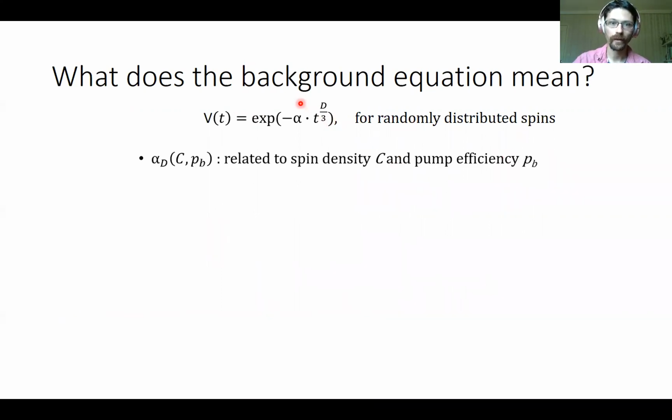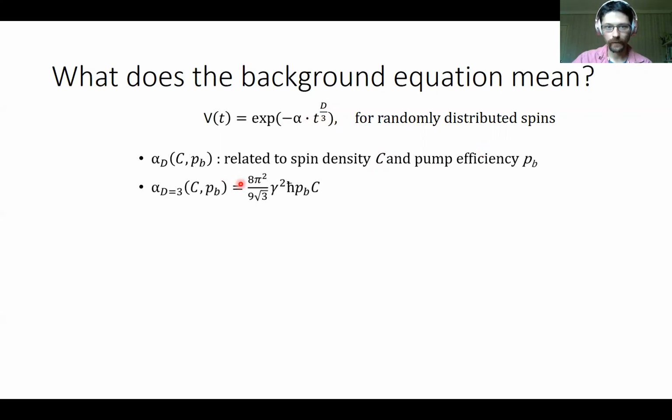It has 2 parameters, alpha and d. Alpha is related to your spin density, which is the concentration of spins in your spin bath, as well as the pump efficiency, which means the probability that your pump pulse is going to flip the spin.